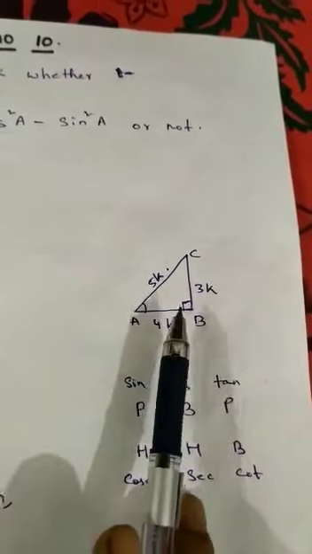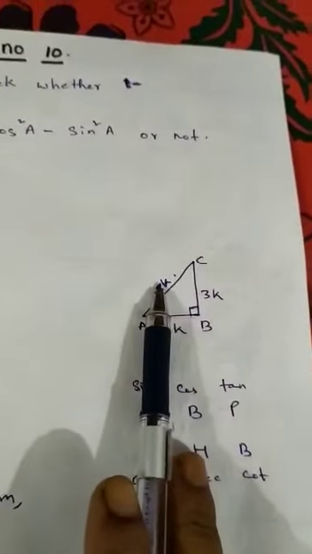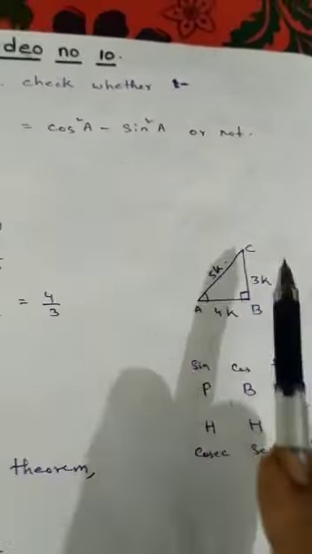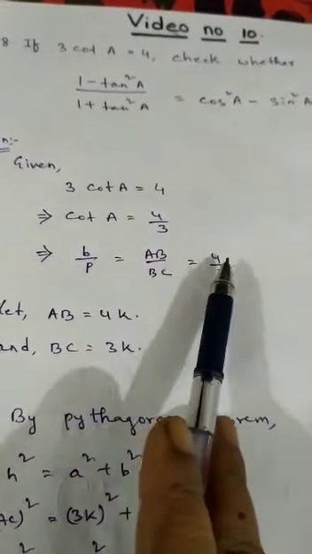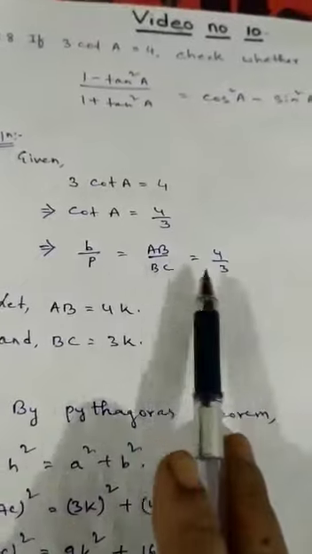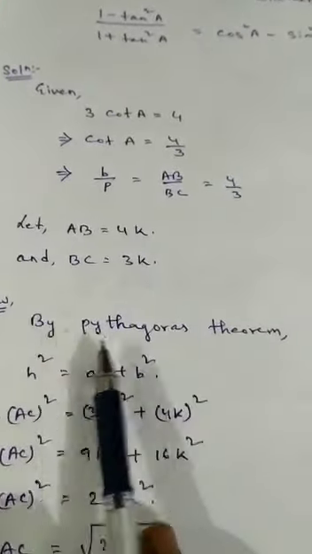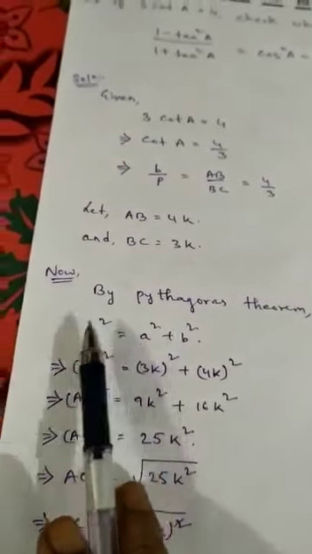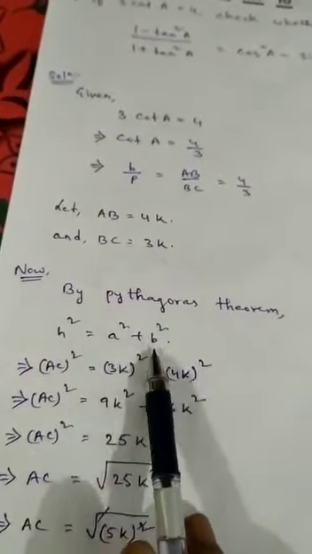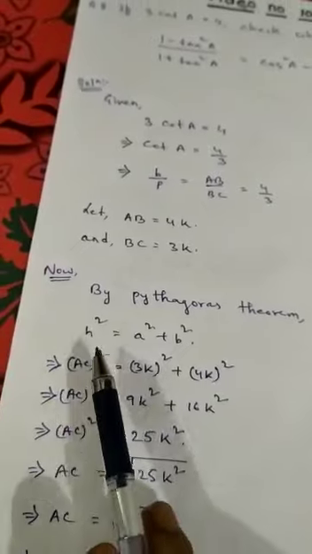Now I will apply the Pythagoras theorem to find the third side, that is AC. We have assumed AB is equal to 4k and BC is equal to 3k. Now, by applying the Pythagoras theorem, we know that hypotenuse square is equal to altitude square plus base square.